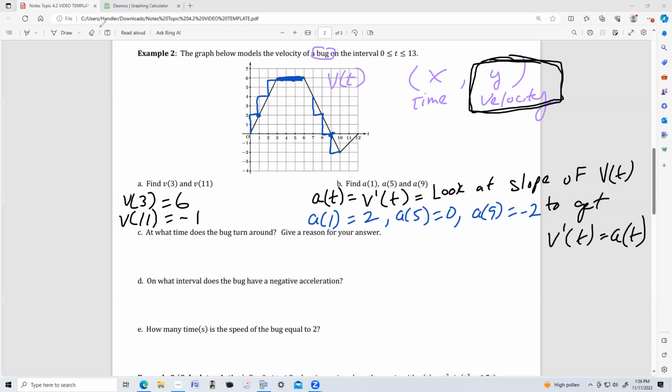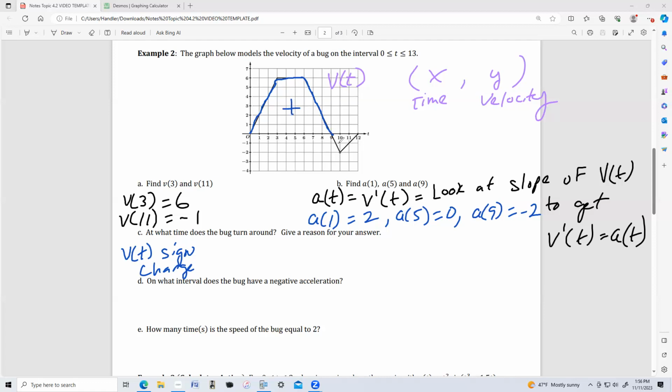All right, part C. Let me clean this up a little bit. Part C says, at what time does the bug turn around? If you go back into your notes, the bug turns around when the velocity undergoes a sign change. The velocity from time 0 all the way to time 9 is all positive, and then it switches to negative from time 9 to time 12. So where do the y values flip from positive to negative?